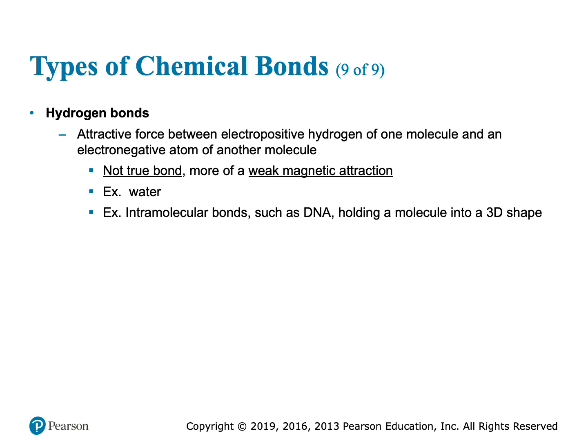That partial negative on the oxygen of water is attracted to the partial positive of the hydrogen on the water. They're attracted to each other. But because it's a weak magnetic attraction, it's easy to break.